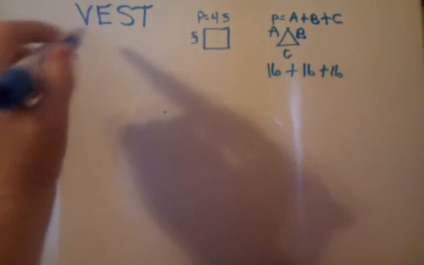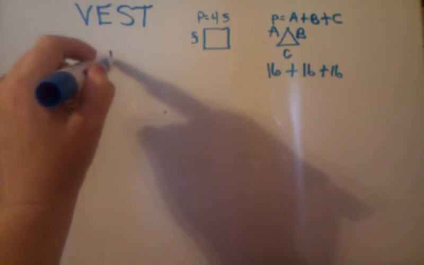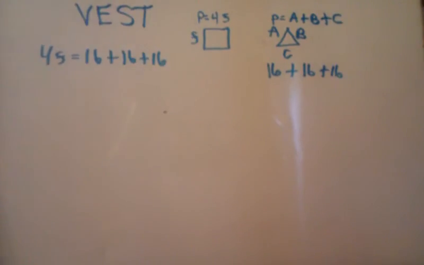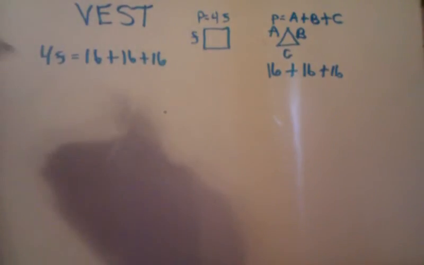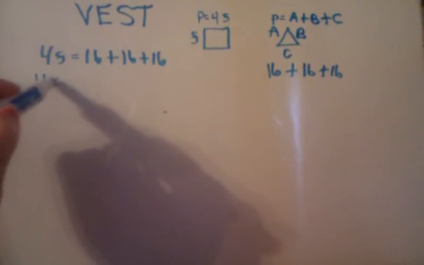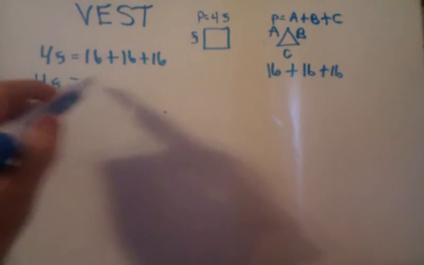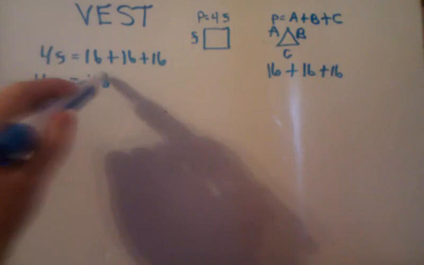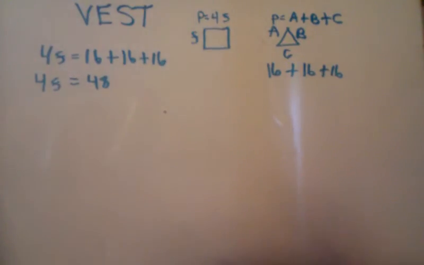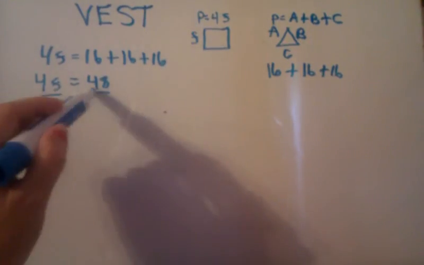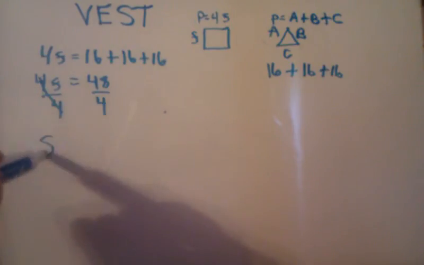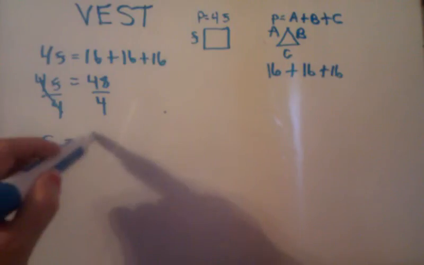Okay. Now all I have to do is solve it. 4 times something equals, if I add those, I'm going to get 48. Divide by 4. S equals 12.